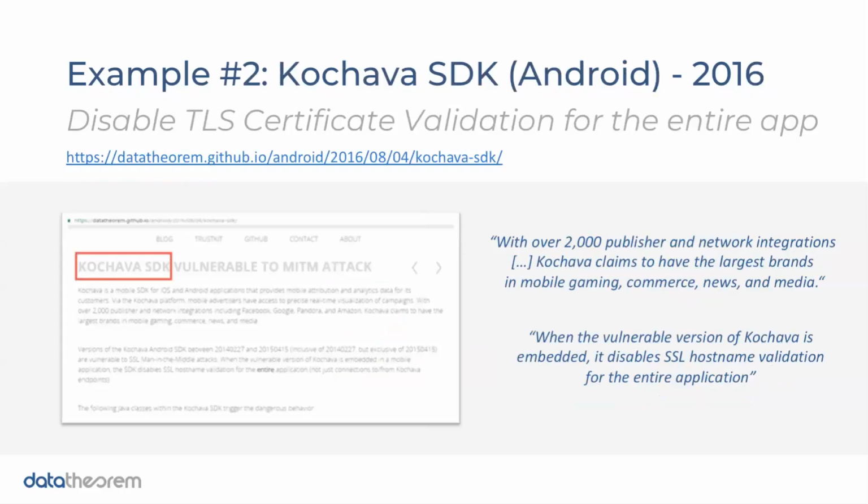Kochava. So Kochava is a company that provides developers and marketers mobile attribution and analytics tools to promote their apps. And it was discovered that releases of their official Android SDK between 2014 and 2015 were disabling SSL hostname validation for the entire application instead of just the connections with the Kochava servers.